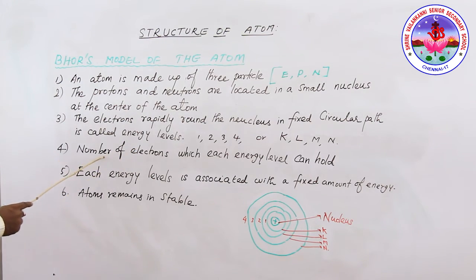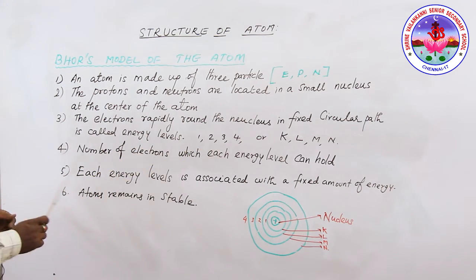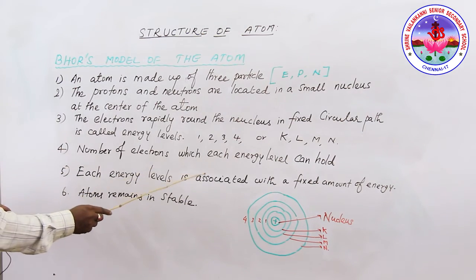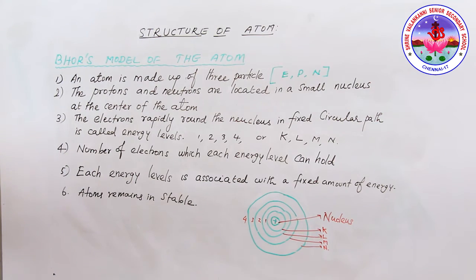The energy level is associated with a fixed amount of energy. Energy levels 1, 2, 3, 4 are also known as the K, L, M and N shells. Each level has a different energy because each is associated with a fixed amount of energy. There is no variation, no up and down fluctuation of the energy in the shell.